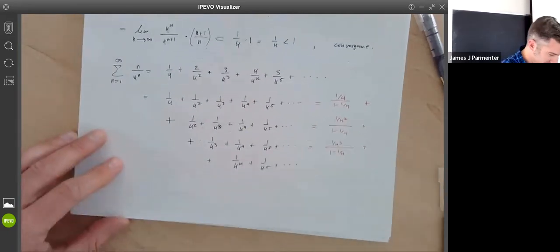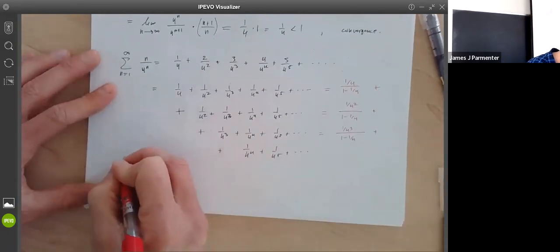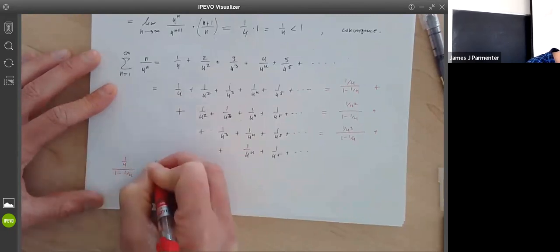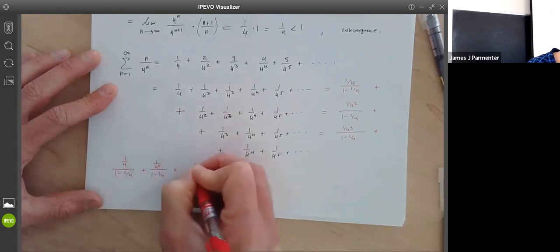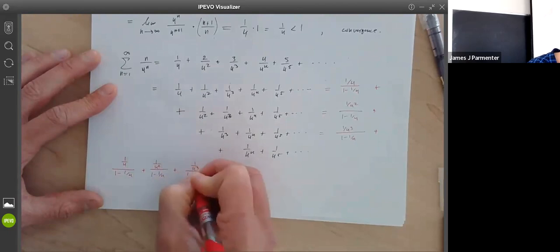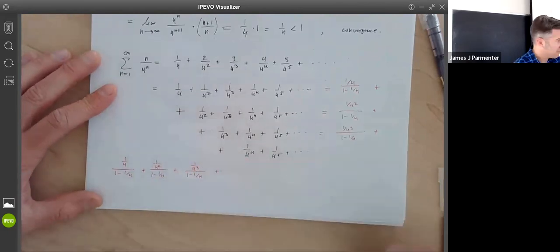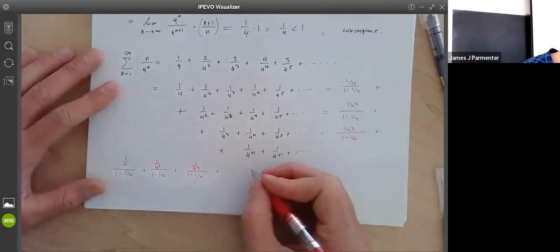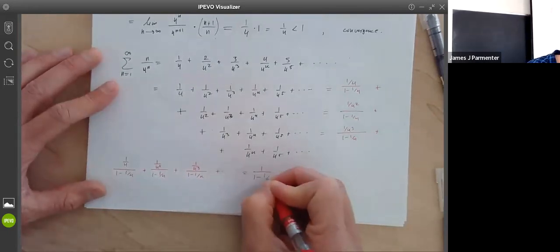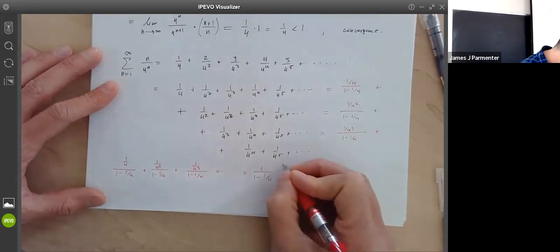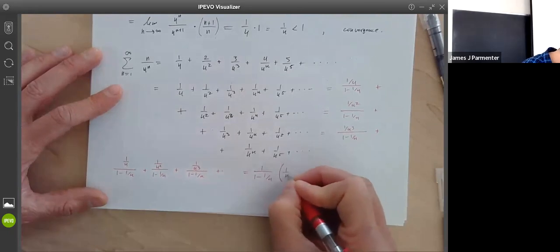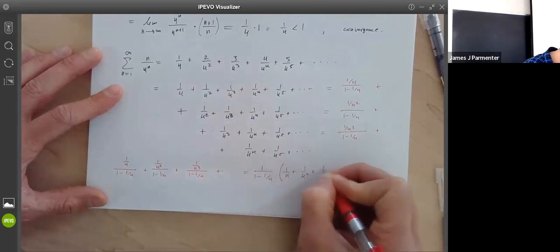So check this out. If we add all of those together, 1/4 over 1 minus 1/4 plus 1/4 squared over 1 minus 1/4 plus 1/4 cubed over 1 minus 1/4. And we do that forever. Well, look, I can factor out the 1 over 1 minus 1/4. And I'm going to multiply by a geometric series. 1/4 plus 1/4 squared plus 1/4 cubed.